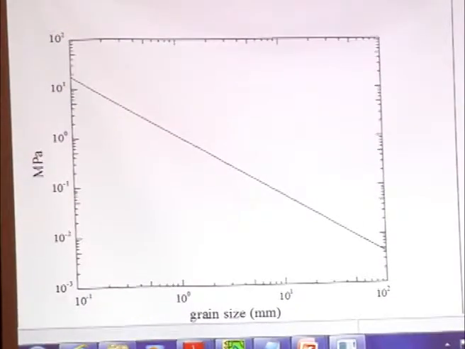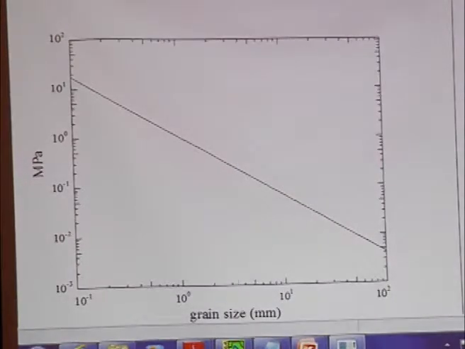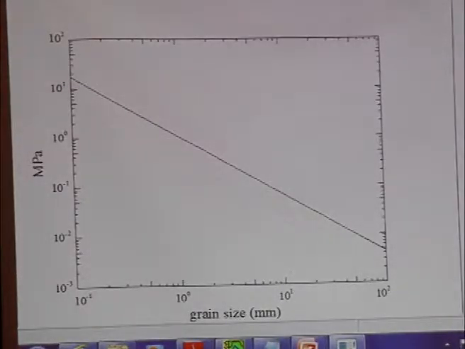All right, you nailed it. You plotted a line. It's log, yeah. So it's millimeters against stress, in megapascals. You got it? All right.